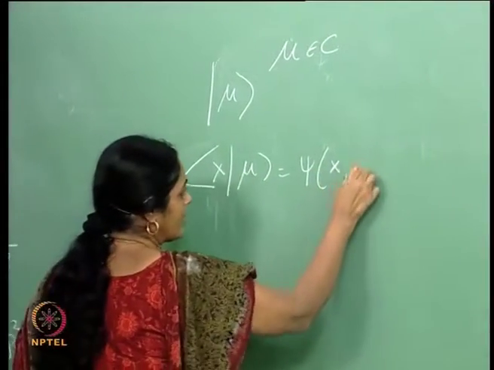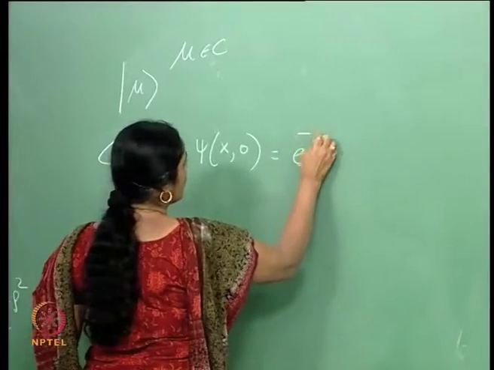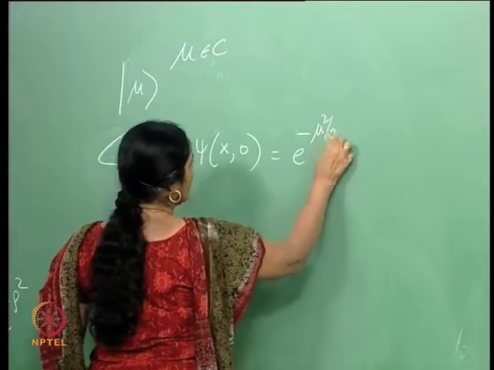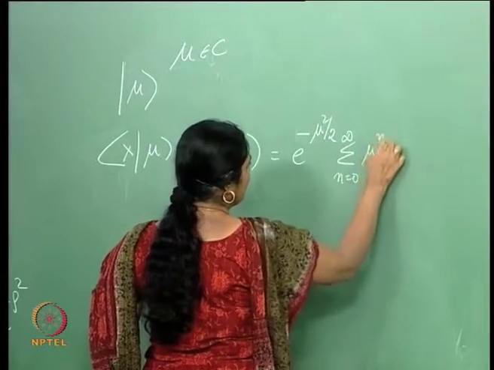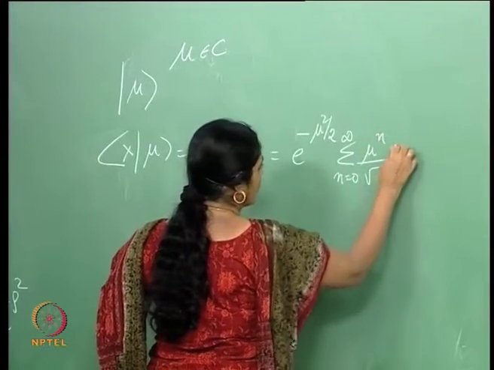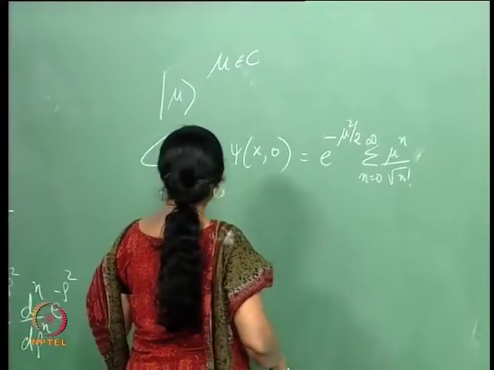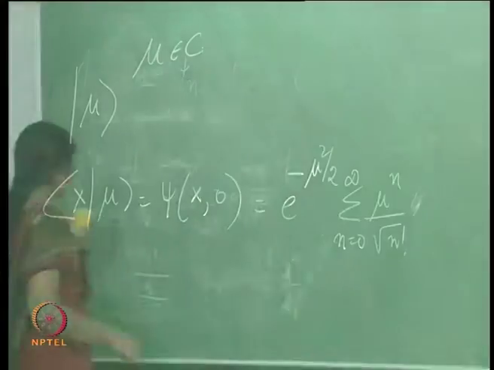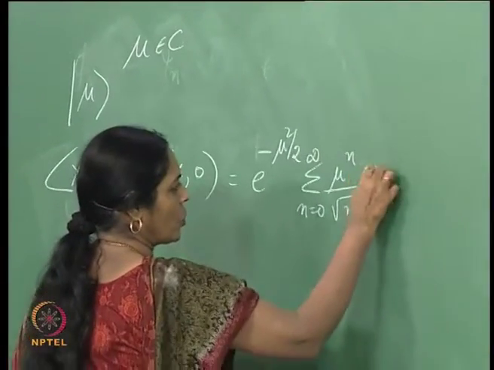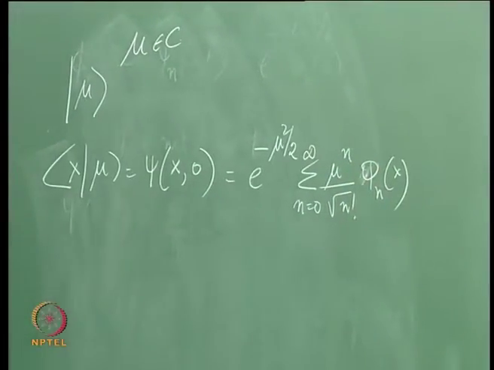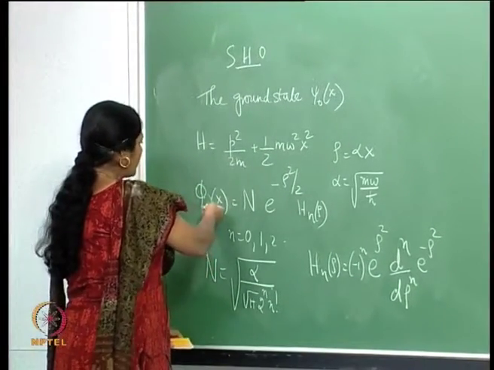My initial state in this problem is this object, which is e to the minus mu squared by 2 summation n equals 0 to infinity mu to the n by root of n factorial psi n of x, where psi n of x is the energy eigenstate. Maybe I should call it phi n of x, because all the while I have been referring to the energy eigenstate as phi of x. So, call this phi 0 of x.